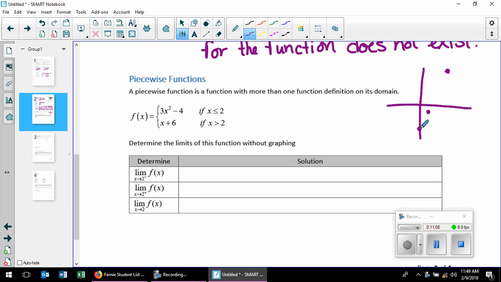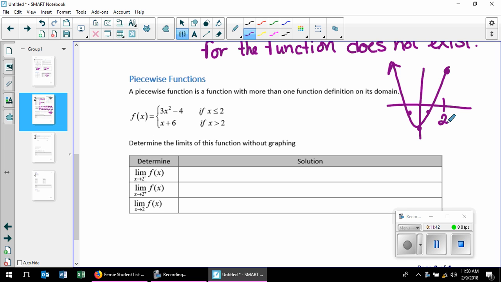So essentially, if I put in a negative 1 here, we'd still be at a negative 1. So you would have this part of your graph. This would be a closed circle because that's where it starts, but it doesn't go beyond that, assuming that that's 2. And now here, x plus 6, notice it's got the inequality sign without the equal.